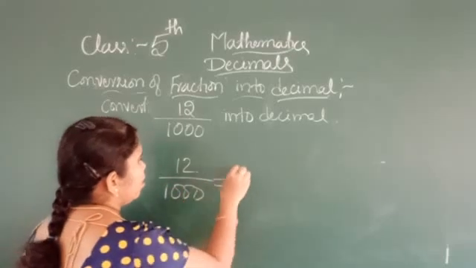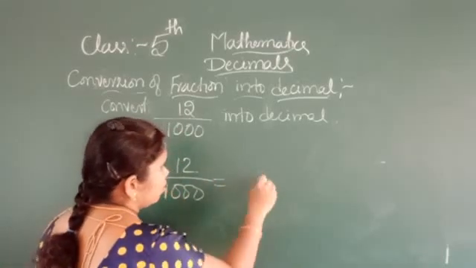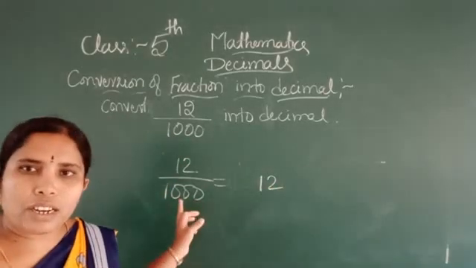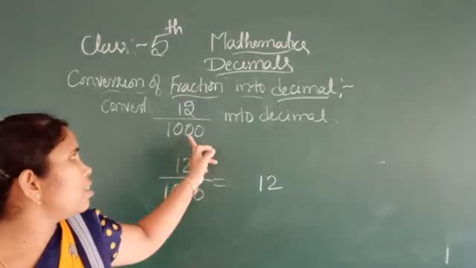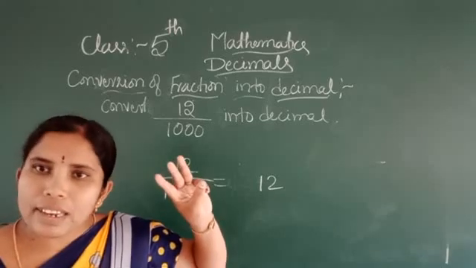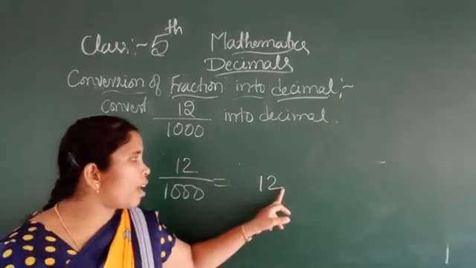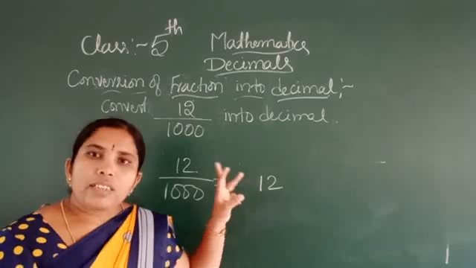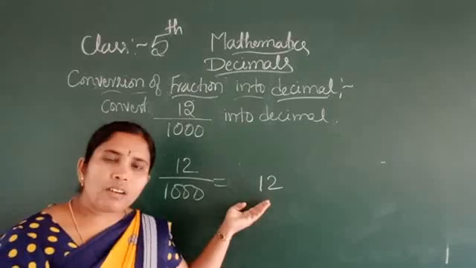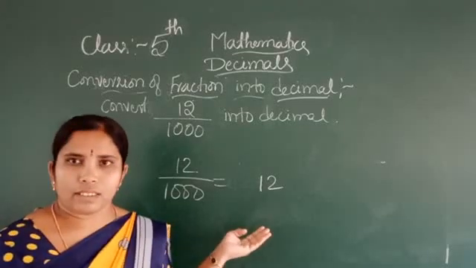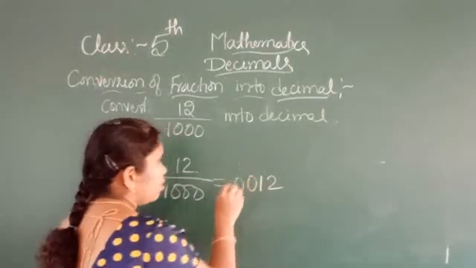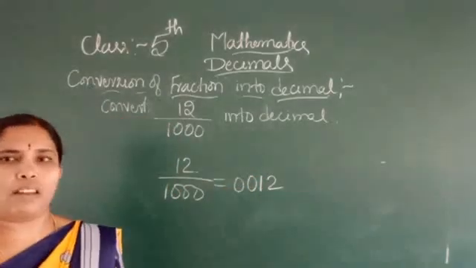Okay, observe the fraction. In the denominator, how many zeros are there? There are 3 zeros. So you count from the right side. Put the decimal point after 3 digits. So not enough digits, so put zeros in the left side first.